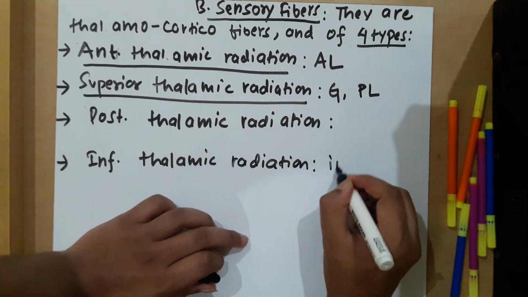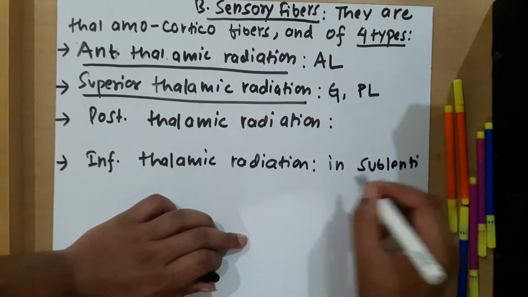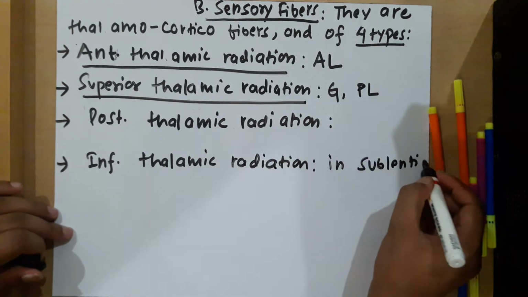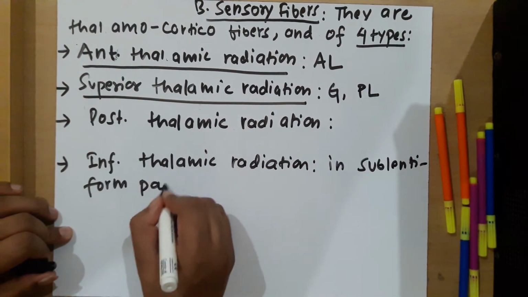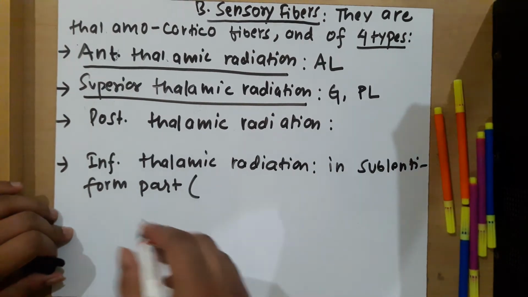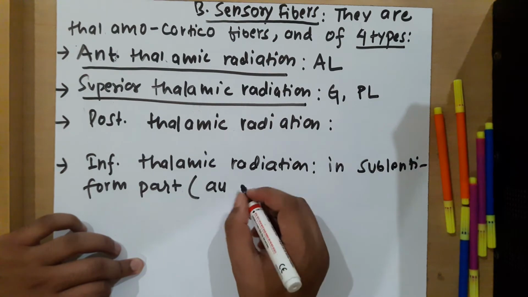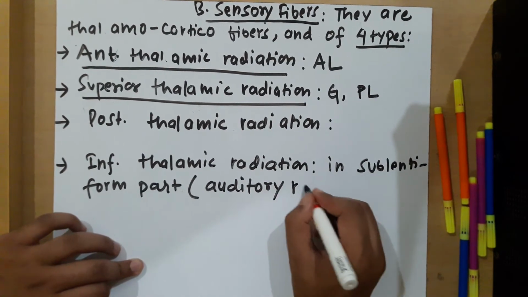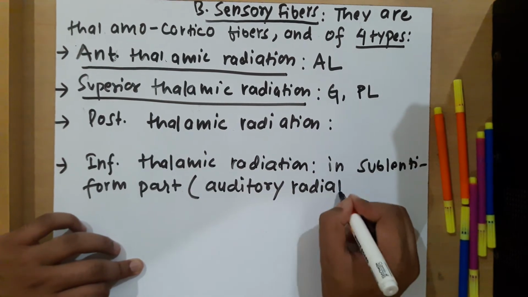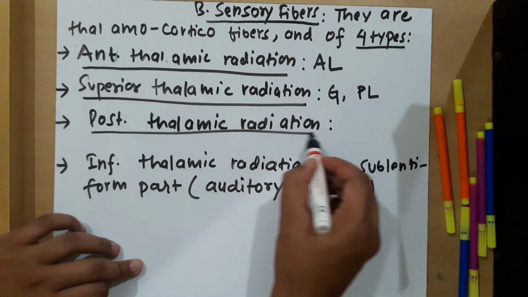Inferior is present in the sublentiform part, and inferior thalamic radiation is also known as auditory radiation. And we did not write about the posterior thalamic radiation yet.